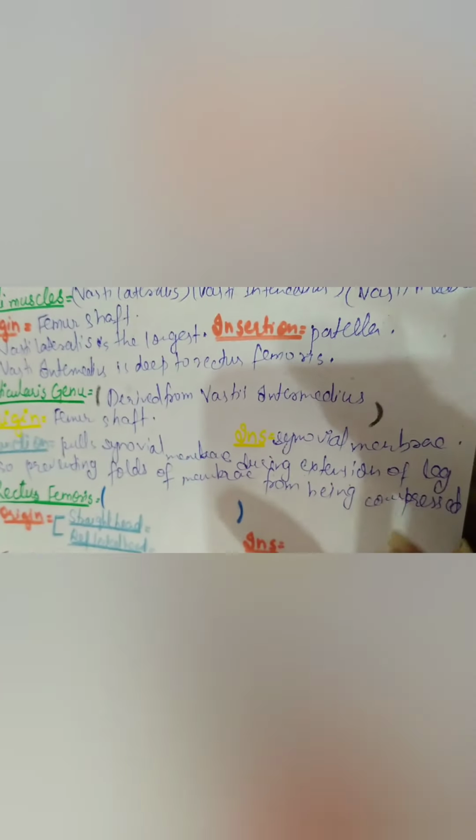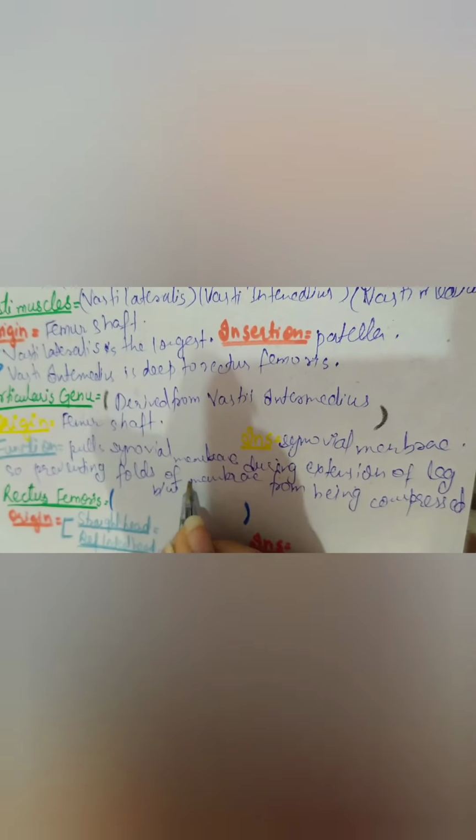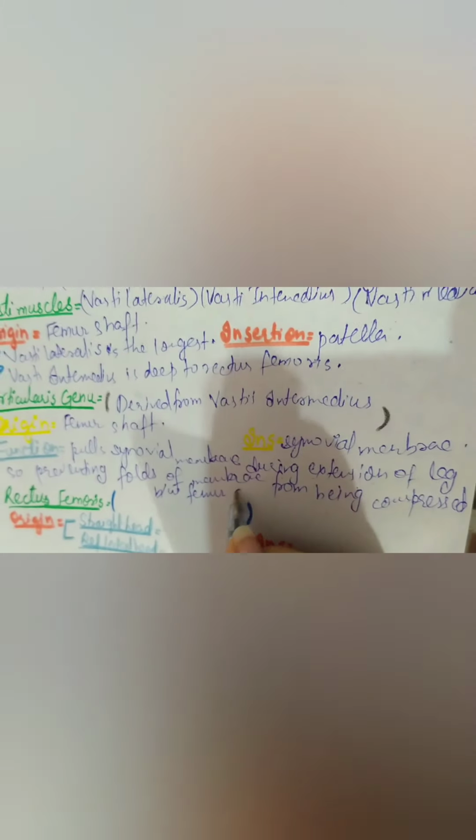So to prevent the synovial membrane from being compressed between the femur and patella, the articularis genu is present there, right?